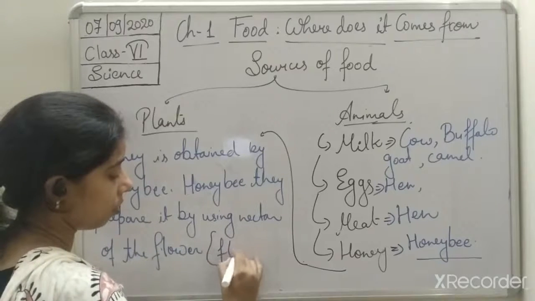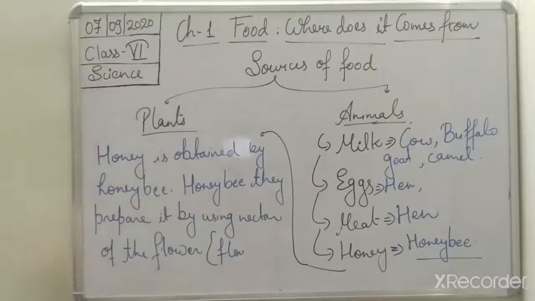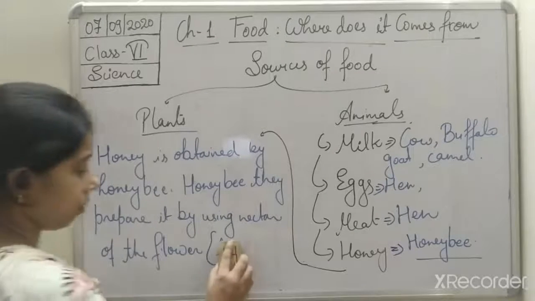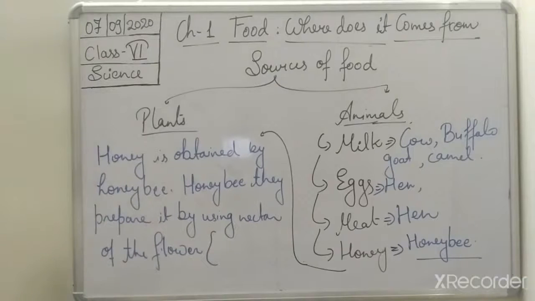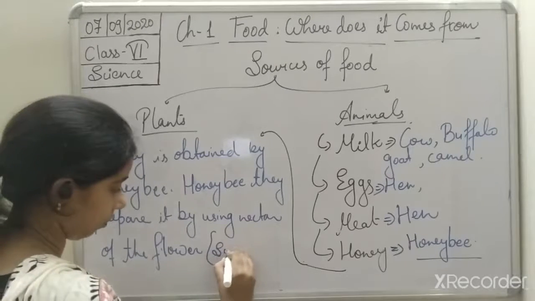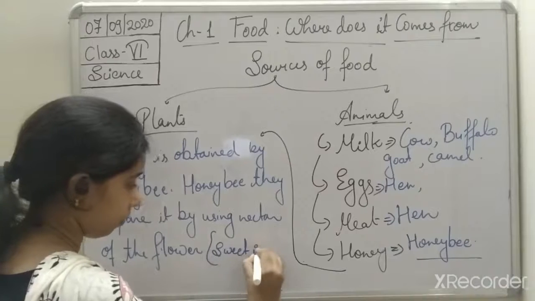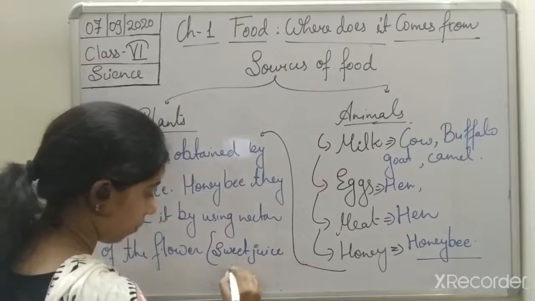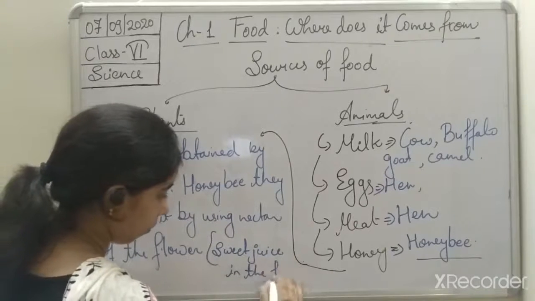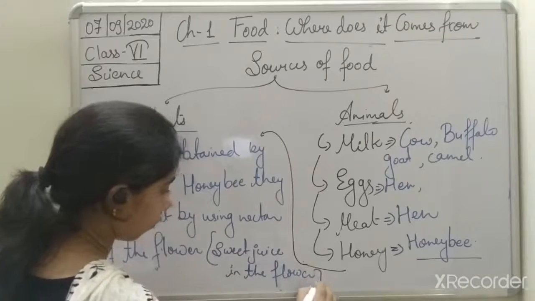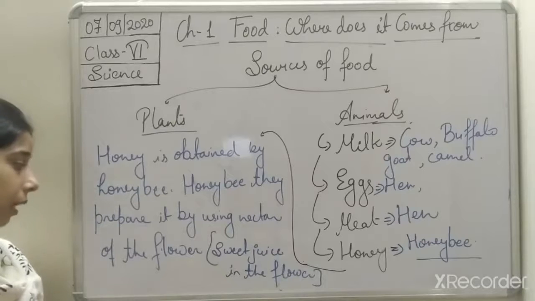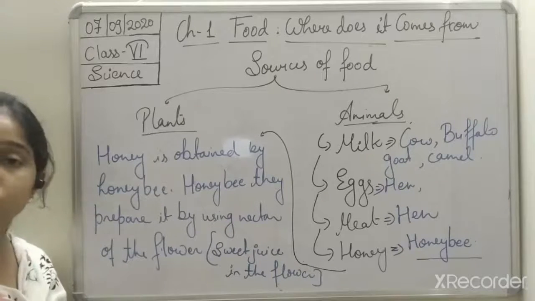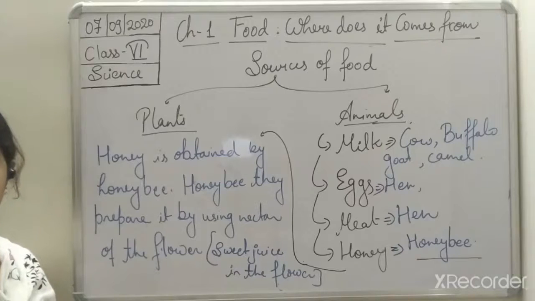Flower juice, the sweet juice of the flower. So we can write it, sweet juice. So honey is obtained from the honeybee, and honeybee prepares it by using the nectar of the flower, that is the sweet juice of the flower.